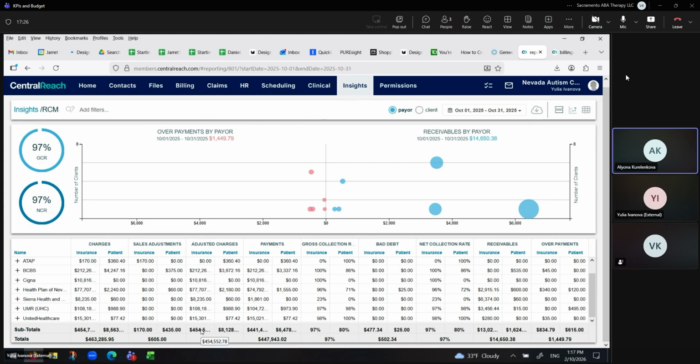Okay, that's 454 5 something, 55278. And the patient responsibility is 812817.